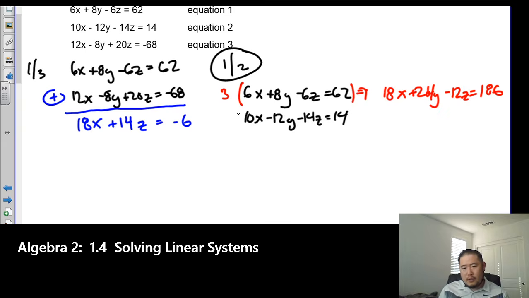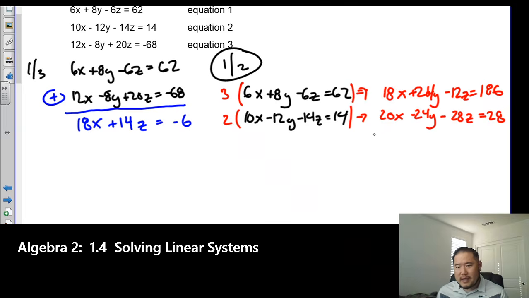And then down below, we will need to multiply this by 2. All right, multiplying that by 2, we end up with 20x minus 24y minus 28z is equal to 28.